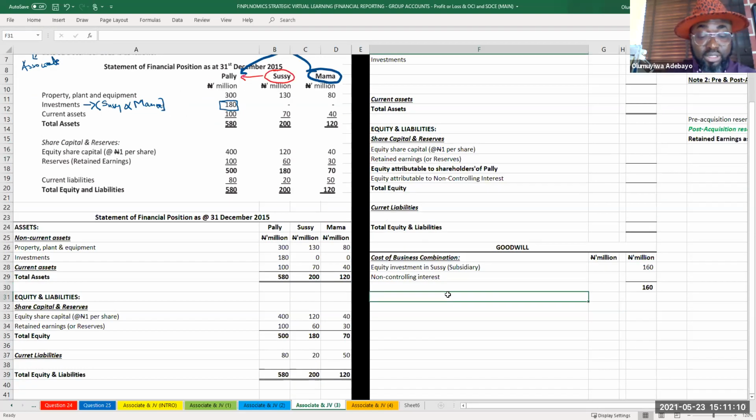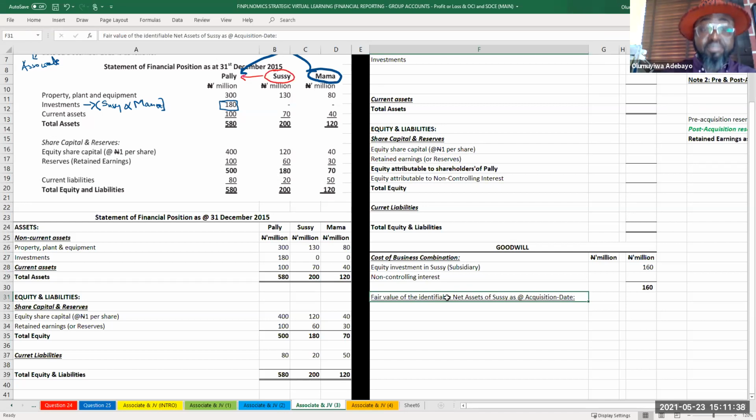Now we compare this with the fair value of the identifiable net assets of Susie as at acquisition date.